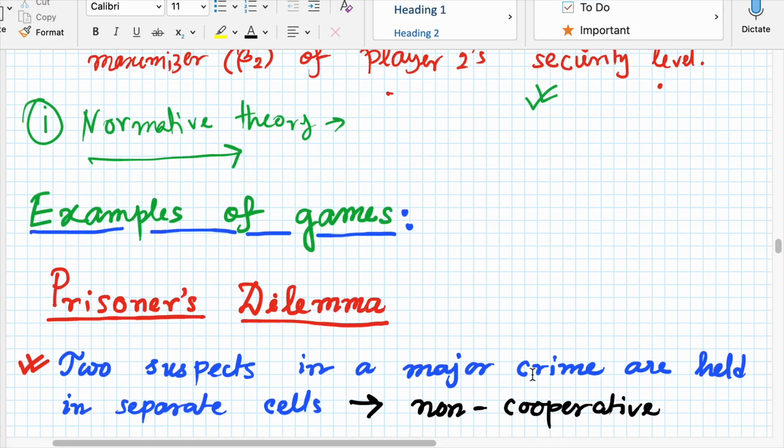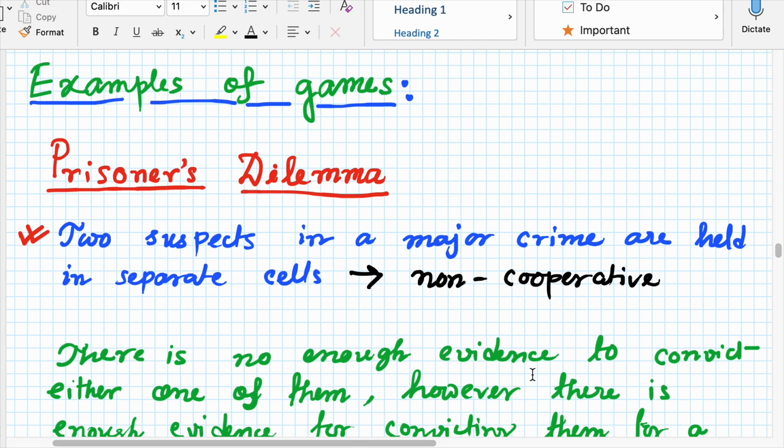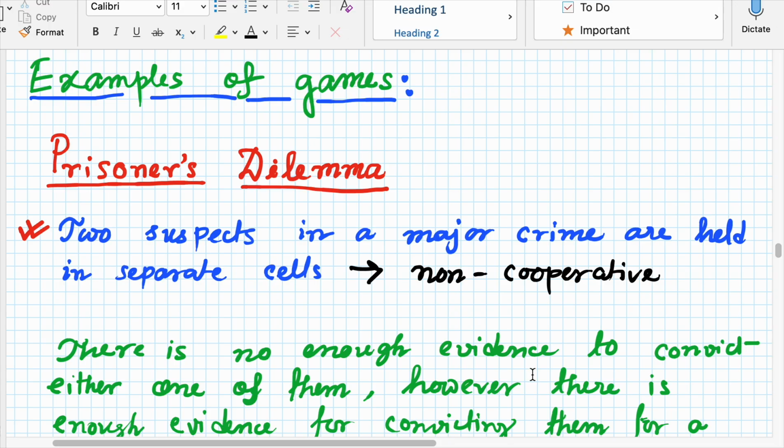First of all, in the previous class, we learned a basic game known as the prisoner's dilemma. This game is a very classical example, and in it we can capture the free riding tendency of any individual.